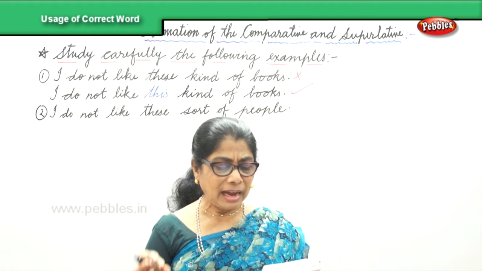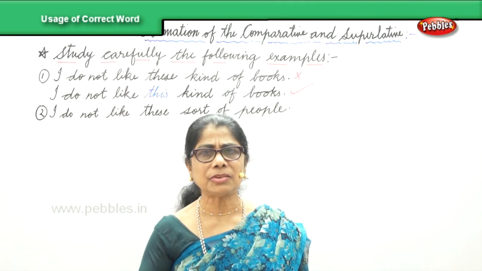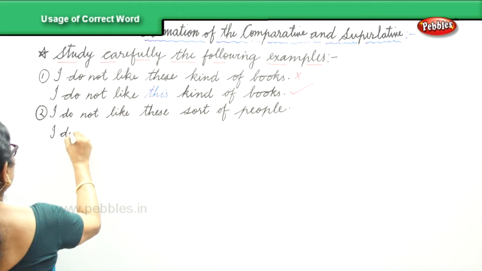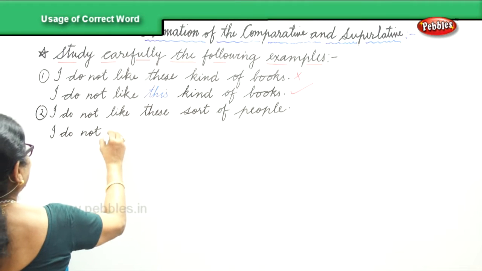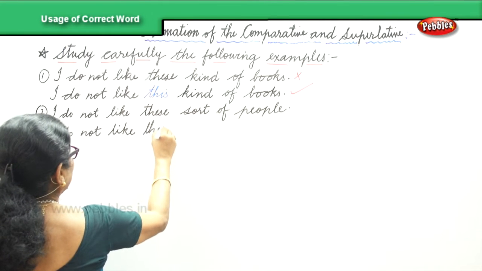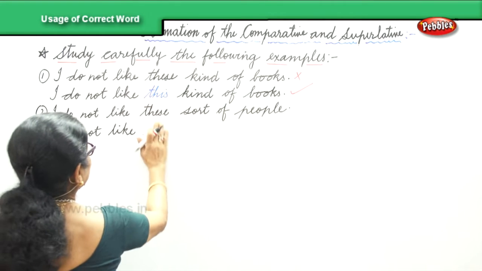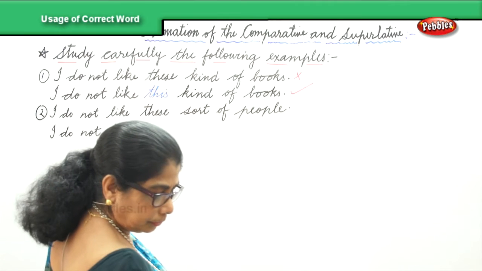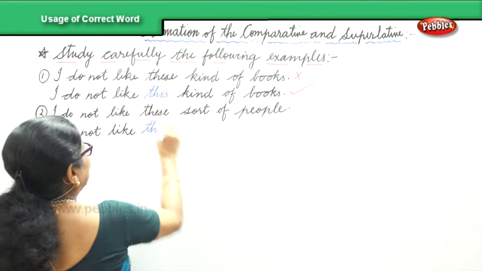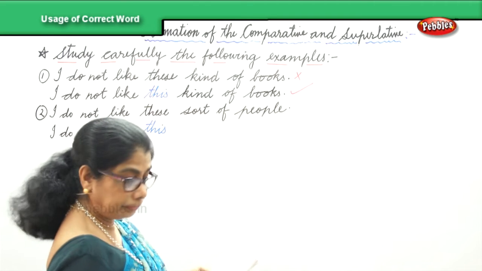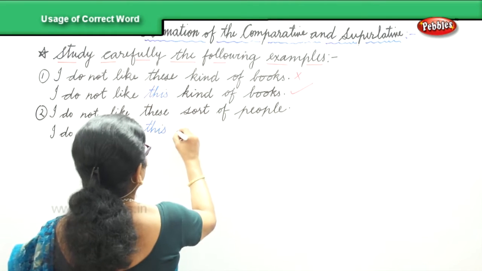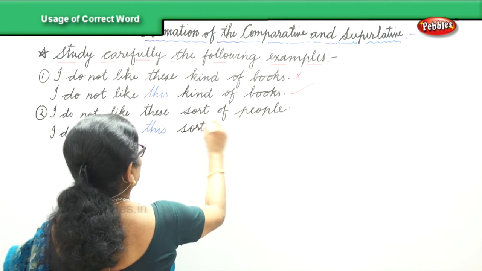The correct is, I do not like this sort of people. That's all. So, not these, this. That's the correction, not these, this. This sort of people. That's the right way.